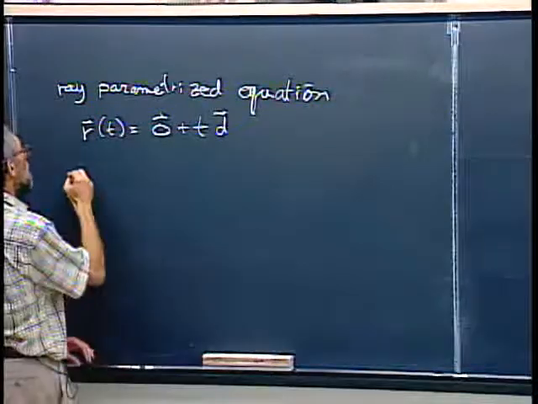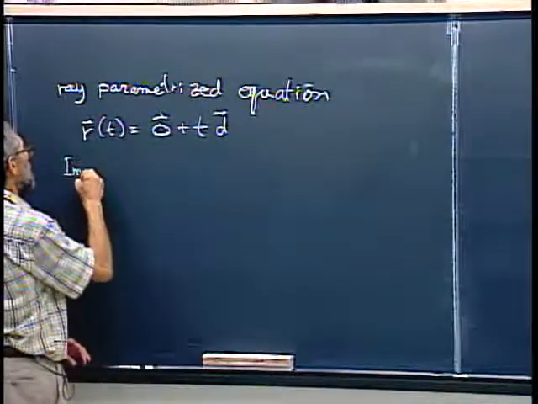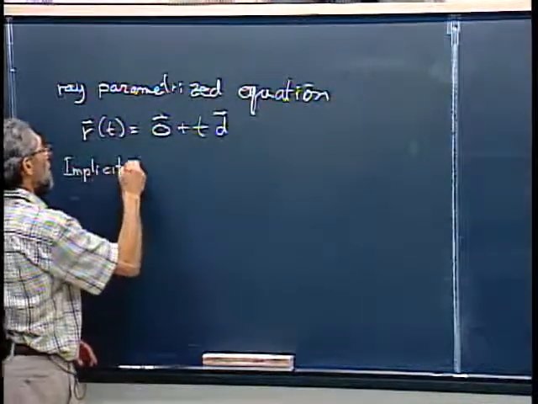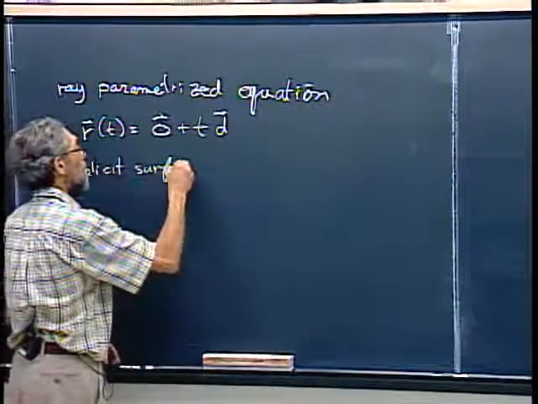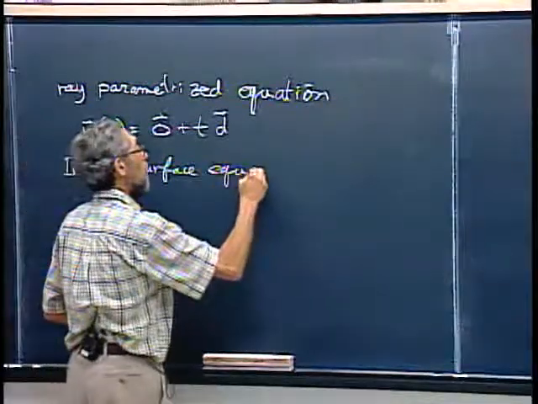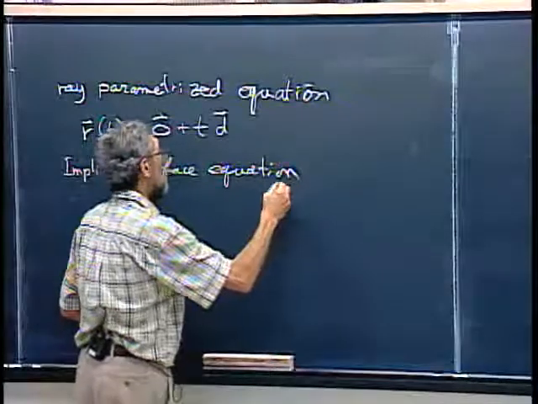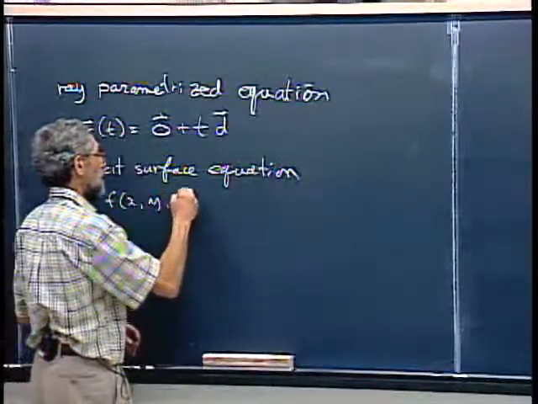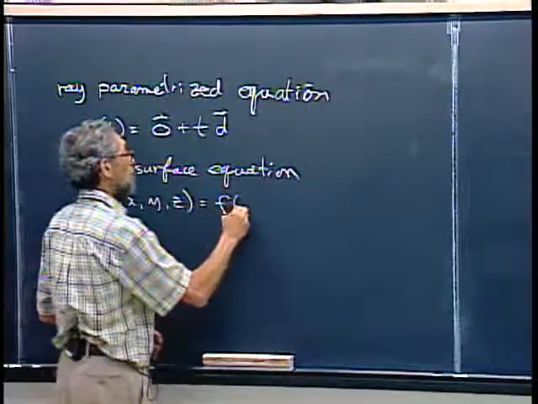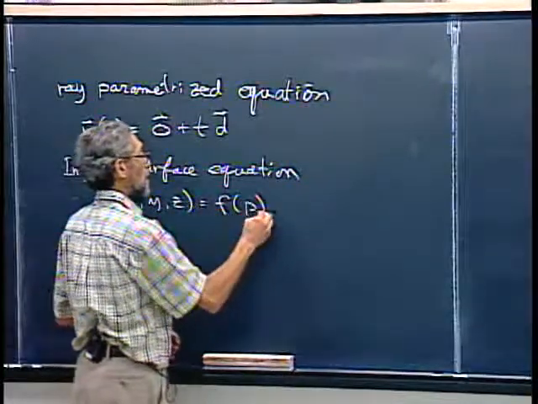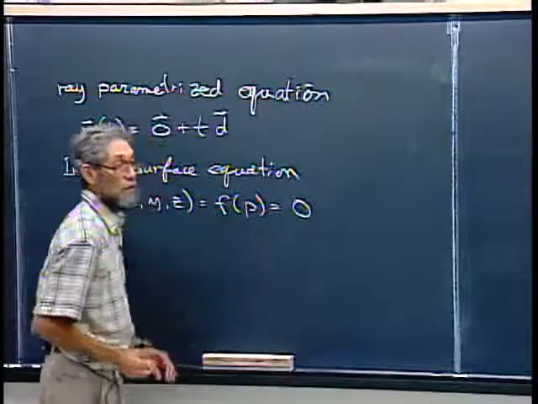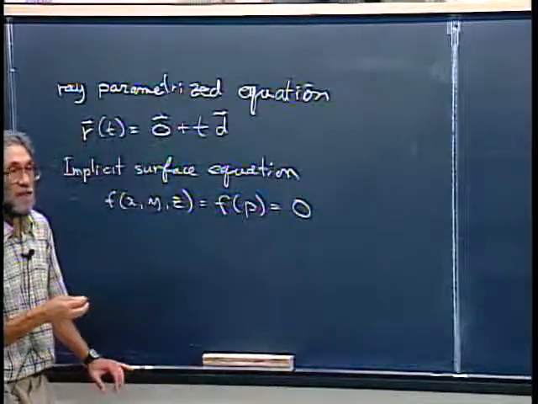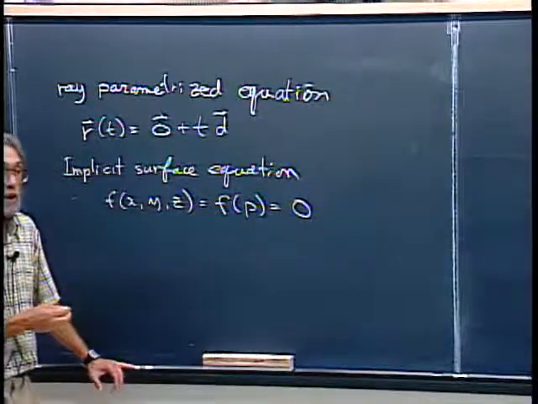And then we have an implicit surface equation, say f of x, y, z, or f of some point p, equals 0, which I'll write in a minute for the case of a sphere.